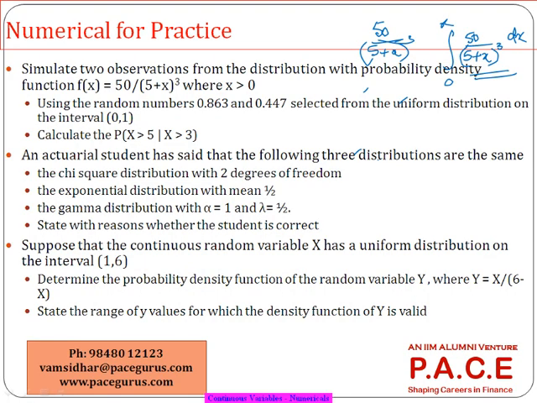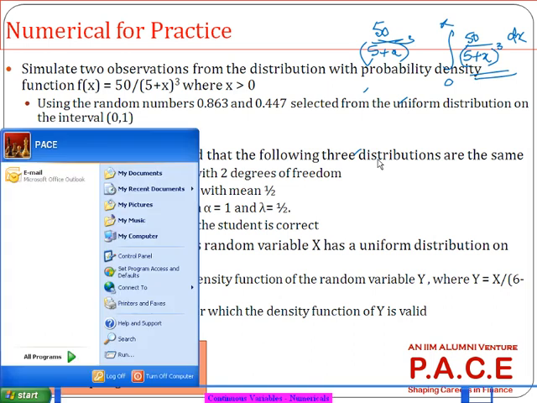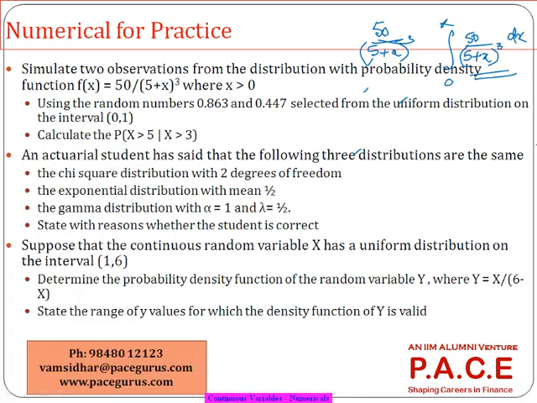So yeah, simulate two observations from the distribution with a probability density function f of x equal to this much, right? You integrate it, make it a cumulative distribution function, use the random numbers 0.863 and 0.447 in the particular interval. So all you are doing is f of x, whatever you are calculating, you equate it to 0.863.